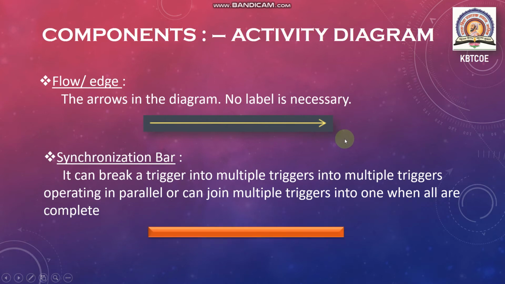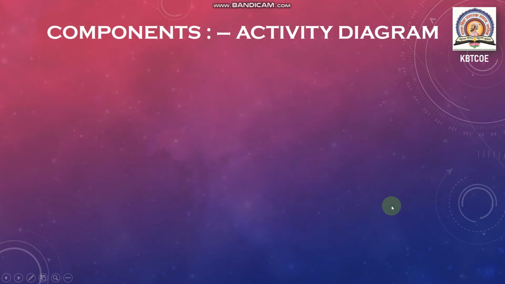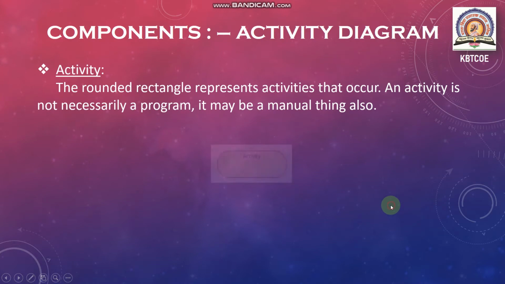Synchronization bar. It can break a trigger into multiple triggers operating in parallel or can join multiple triggers into one when all are completed. We will see the use of synchronization bar in the upcoming video. Activity.